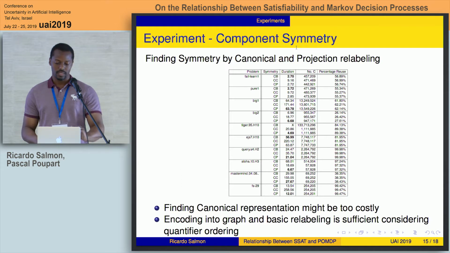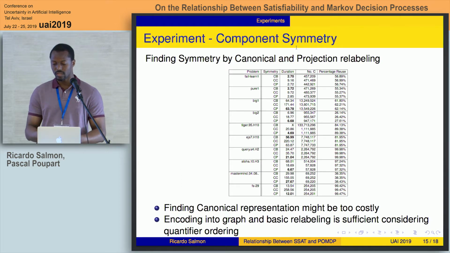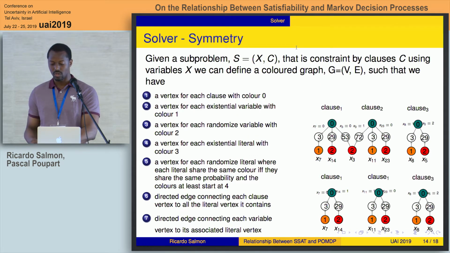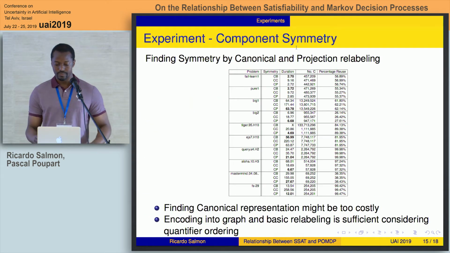The first variant just does traditional component decomposition, and then we looked at the full graph isomorphism problem of the canonical component decomposition with symmetry, and then a simple projection of the graph that I showed earlier, just renaming the nodes, called CP.